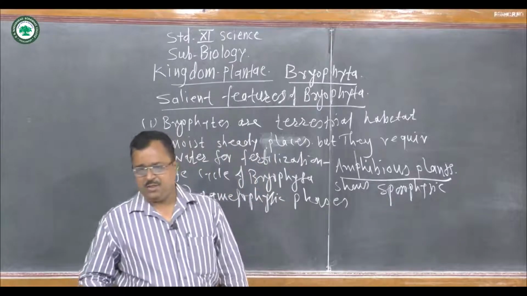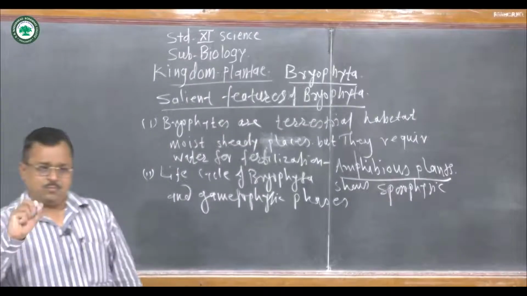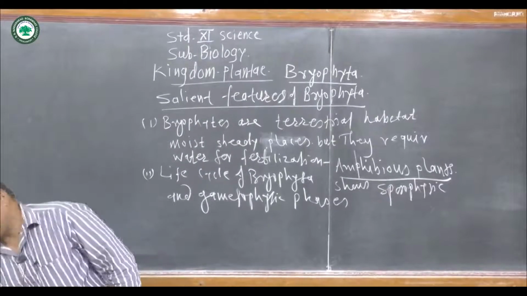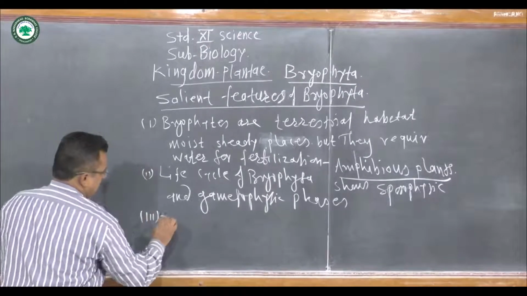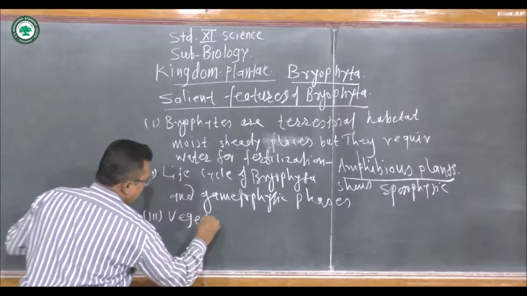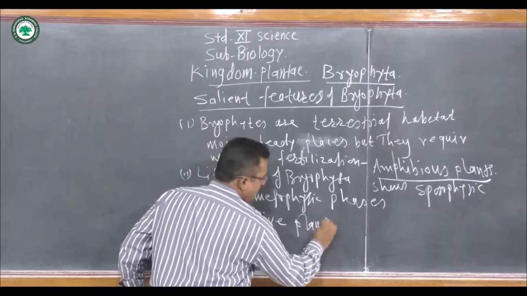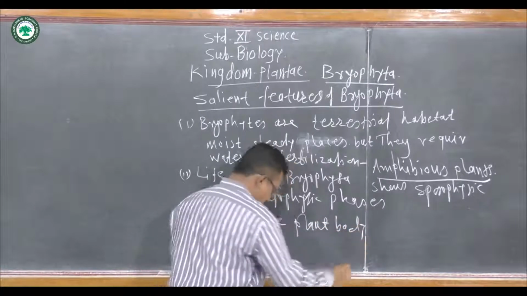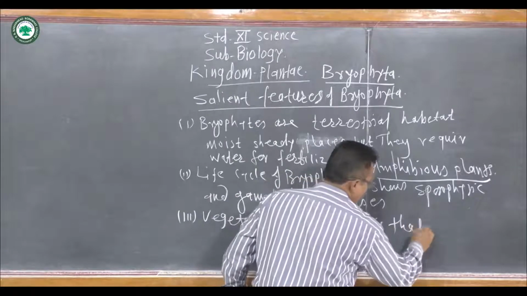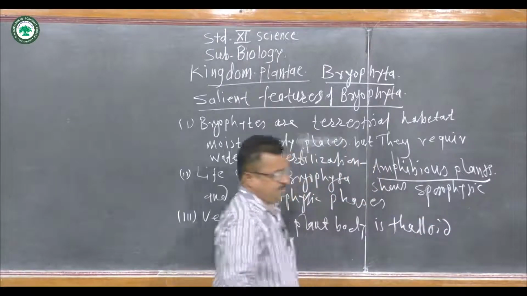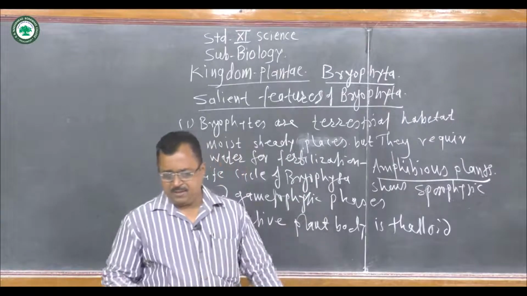The vegetative plant body is thalloid or leafy.